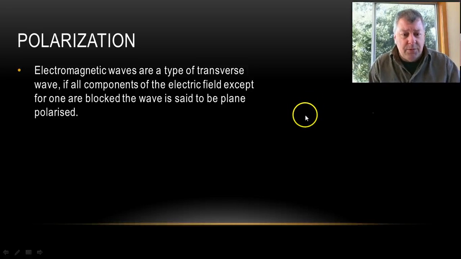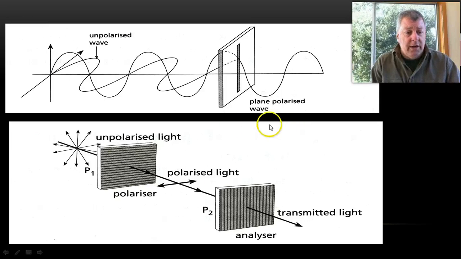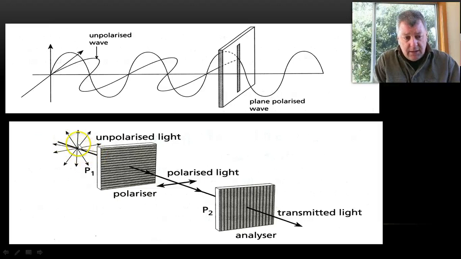It's a bit hard to put in words, so let's have a look at what we mean in terms of a diagram. If this is light, or multiple light sources, even though it's shown as a single line, it's representing lots of light. The light can be vibrating perpendicular to its path in any of these 360 full circle variations, and they're trying to show that here as well.